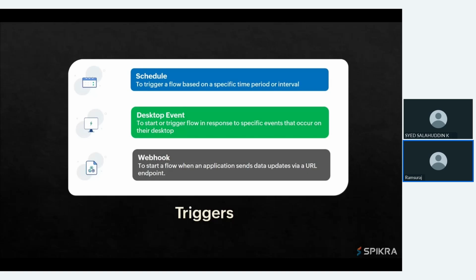So you have a desktop event, and then the webhook trigger, which allows your RPA flow to listen for incoming HTTP calls from external systems or applications in real time.